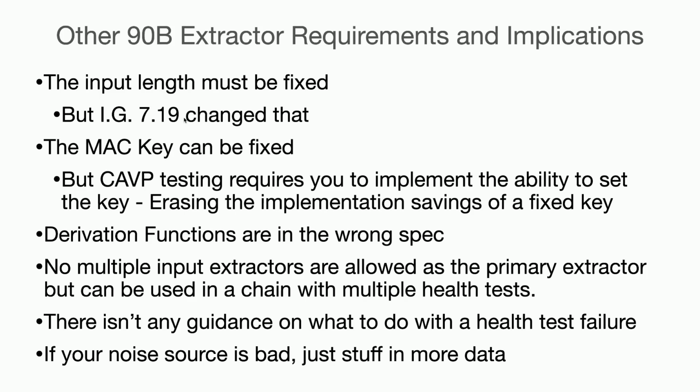And FIPS 140-3 says if you're going to have a random number generator, it must be compliant to SP 800-90. And it makes this change saying when we said it was fixed, we actually mean it has to be a minimum size or greater. Because myself and everybody else in the industry complained that, what's the point in fixing it?